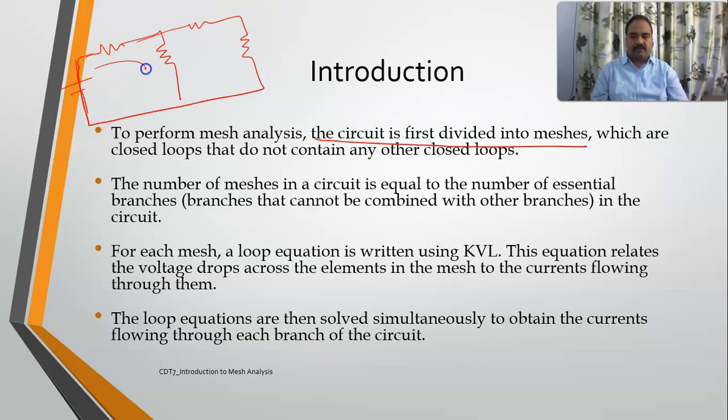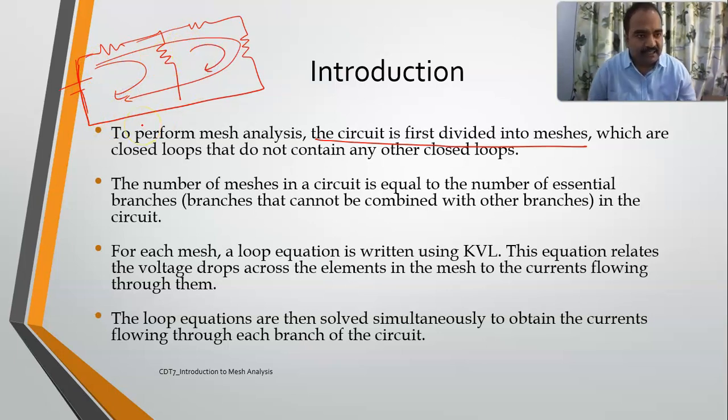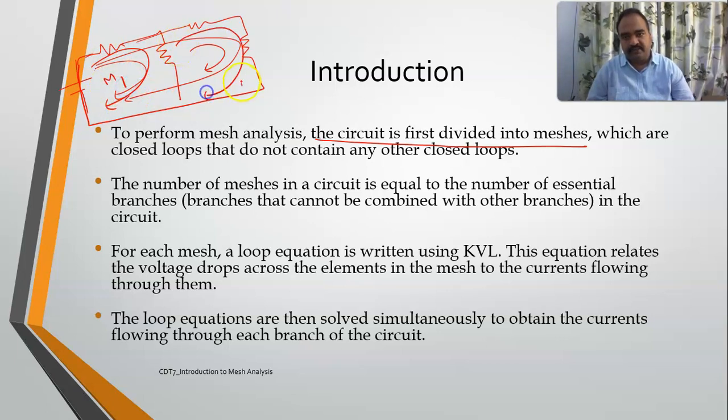Now this is one loop. This is also a loop. And this is also a loop. Loops can be many. A loop is nothing but a closed path. Whereas a mesh is a loop that cannot be divided any further. See, this is one mesh, and this is another mesh.